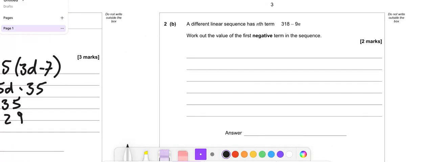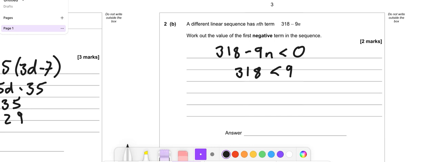2b, a different linear sequence has nth term 318 minus 9n. Work out the first negative term in the sequence. So I'm going to do this as an inequality. 318 minus 9n has got to be less than 0. Take the 9n over the other side.